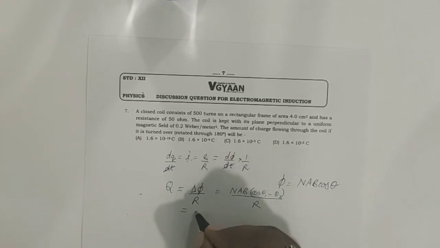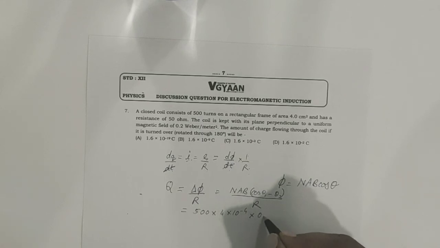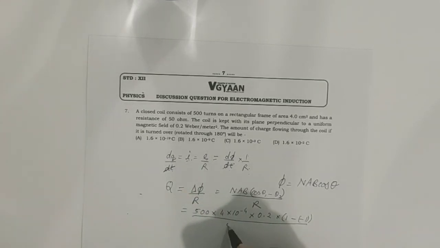So number of turns is 500. Area of the coil is 4 into 10 raised to minus 4. Magnetic induction is 0.2 Weber per meter square. This will be cos 0 minus cos 180. So it is going to be 1 minus of minus 1, which will obviously be 2, divided by the resistance, which is 5 ohm, that is given over here.